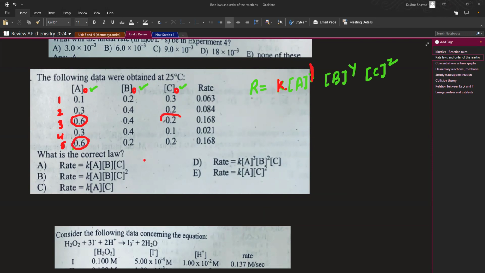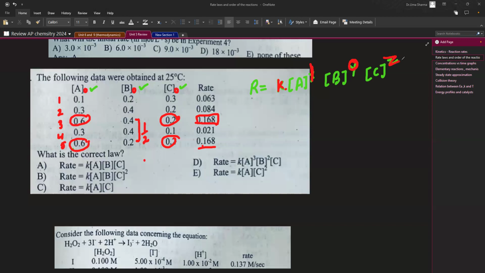Am I right? Oh no, you cannot. In that case, this is also cancelled. Okay, good. We can take. Now this is halved, 0.4 to 0.2. And is there any change? No. Yes, y is 0. Perfect. No change. See, the rate is same.